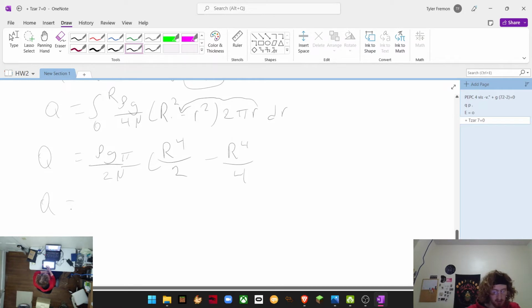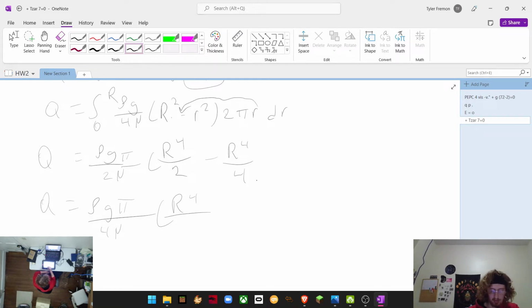So we'll have Q equals rho g pi over 4 mu, and we'll have big R to the 4th over 2 over 4.